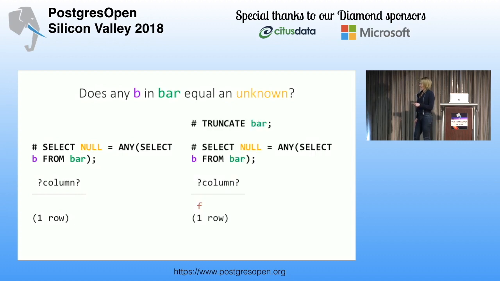Then it's false. If you think about it, it makes sense, kind of, maybe: is there a B in bar that's equal to unknown? And if there are no B's, then I guess we know the answer is no. At least that's what I told myself. So yes, these are different answers.